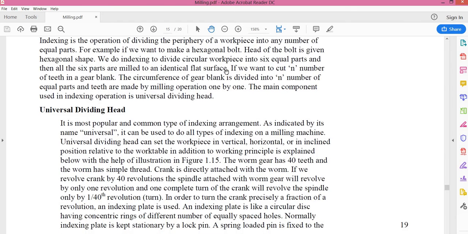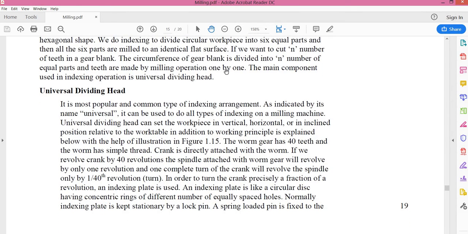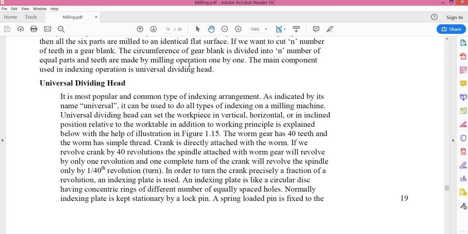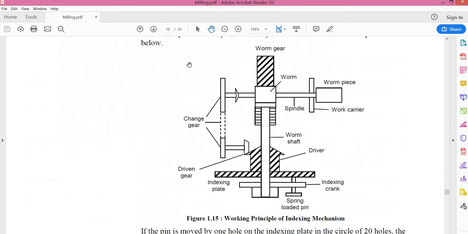To learn the indexing mechanism, we will have to first go through the universal dividing head. Now this is the universal indexing head, or the simple working principle of the indexing head. You can see the plate over here is the indexing plate. That indexing plate has equispaced holes carved on it, and it is used for the indexing mechanism.